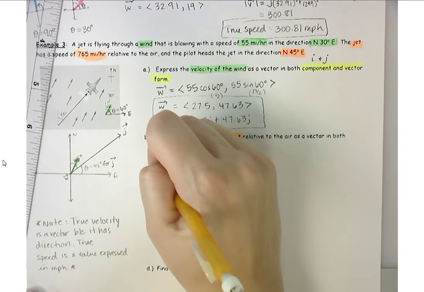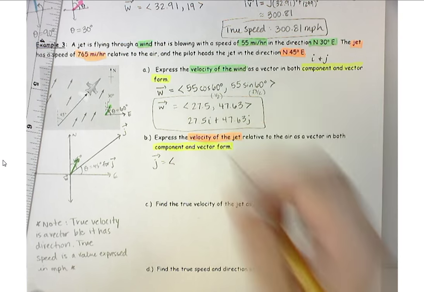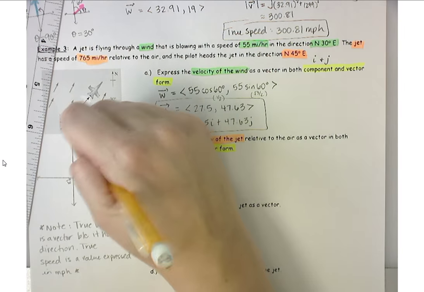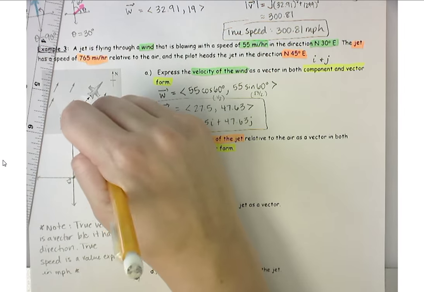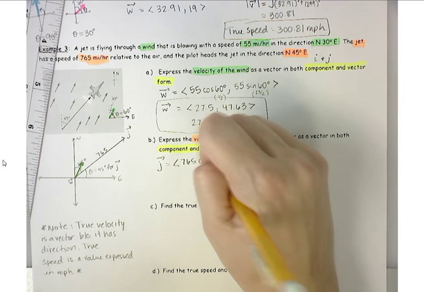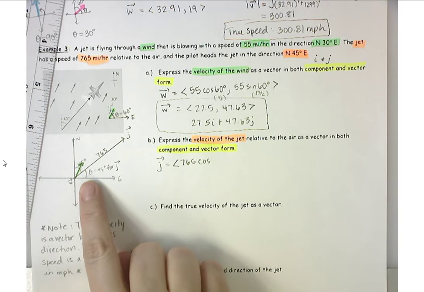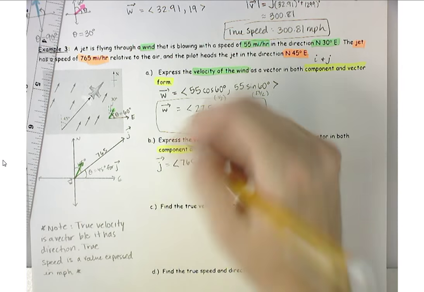So for our jet, our magnitude is 765. And then we're going to do the cosine of, we already talked about how the theta is going to be 45, because 90 minus 45 is 45.